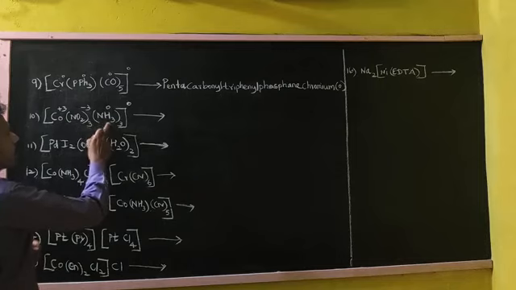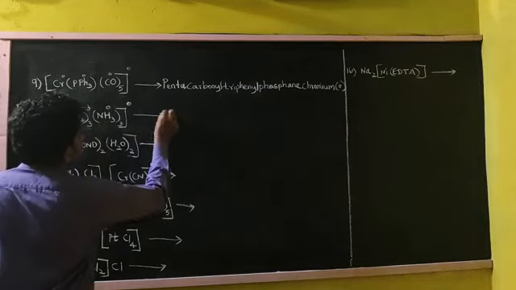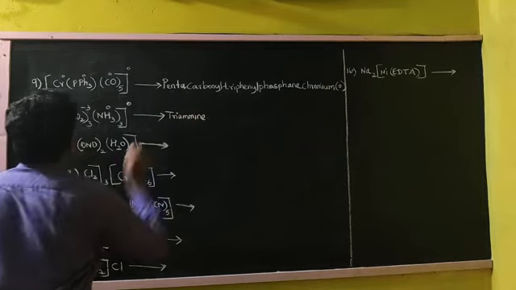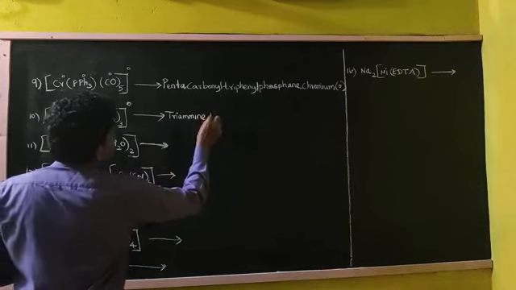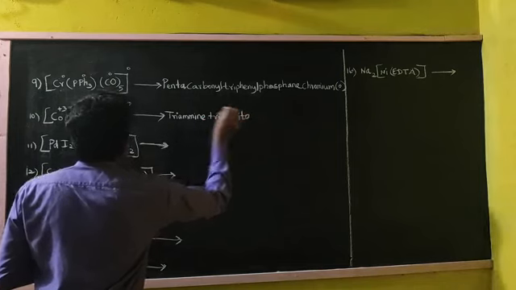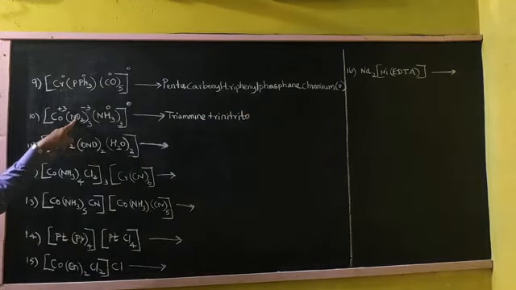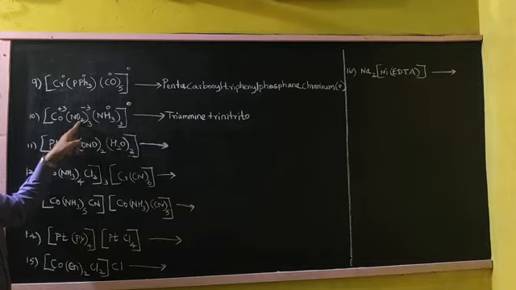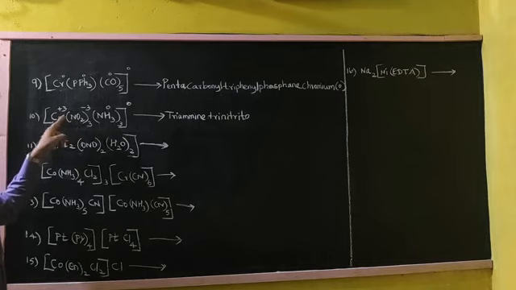According to the alphabetical order, ammine will come first. So triammine, then nitrito. Here the nitrito is an ambidentate ligand. Ambidentate means NO2 or ONO, right? Here the NO2 from nitrogen can make a coordinate bond with the cobalt. The coordinate bond comes from nitrogen in NO2.